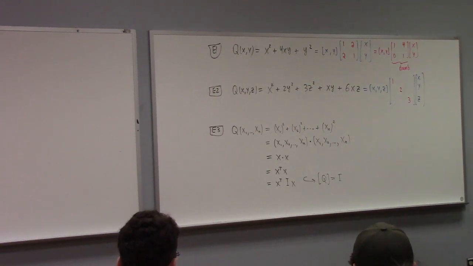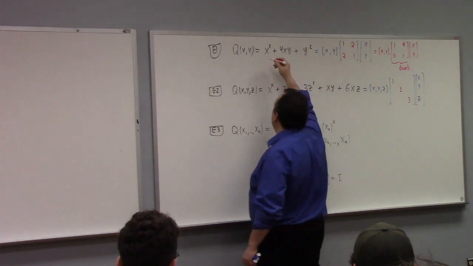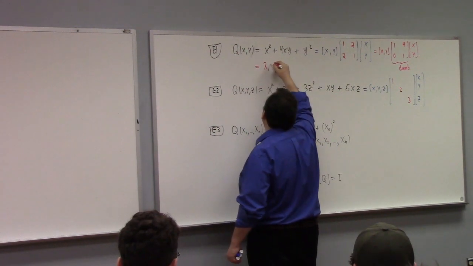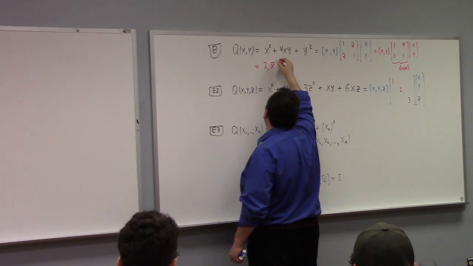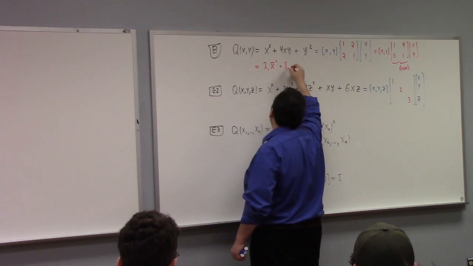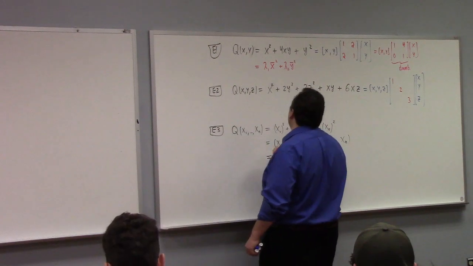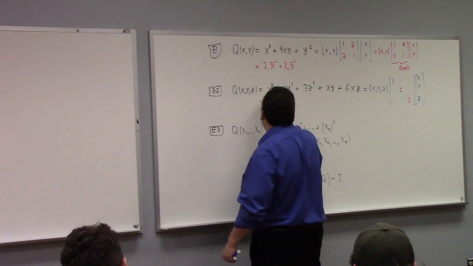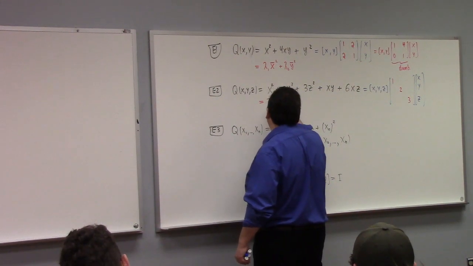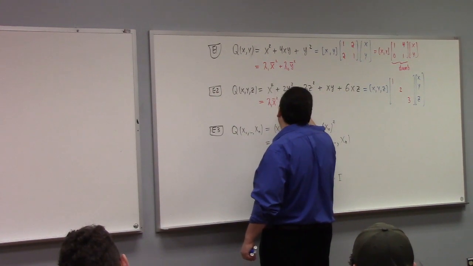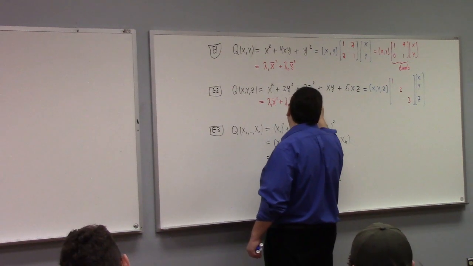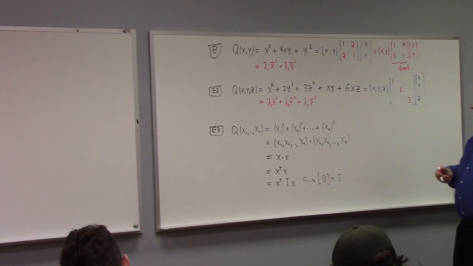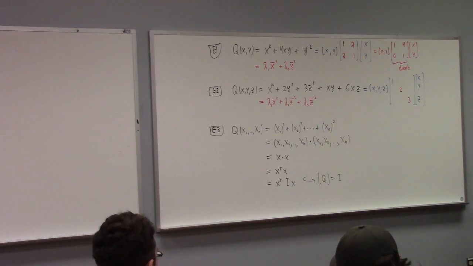If I had eigenvectors and eigenvalues, I could write this as lambda 1 x bar squared plus lambda 2 y bar squared. Or, in three variables, lambda 1 x bar squared plus lambda 2 y bar squared plus lambda 3 z bar squared, if I'm using x bar, y bar and x bar, y bar, z bar as eigen coordinates.